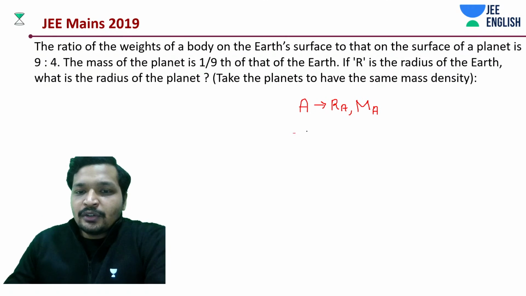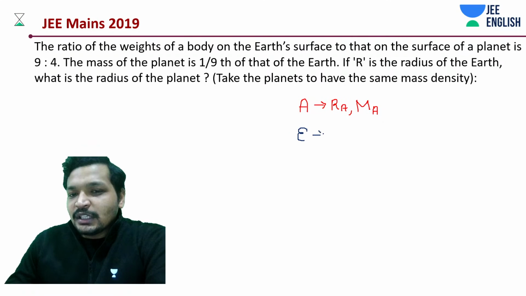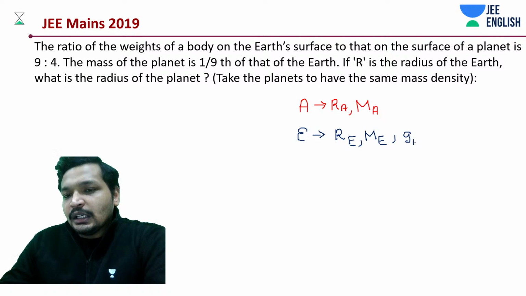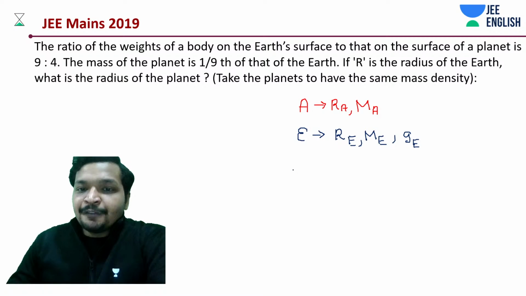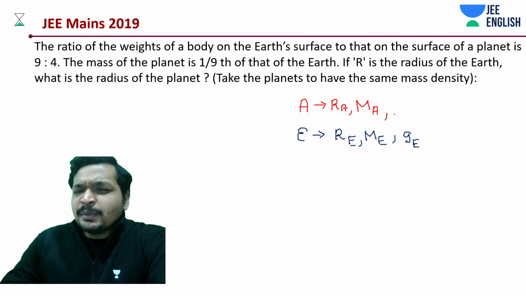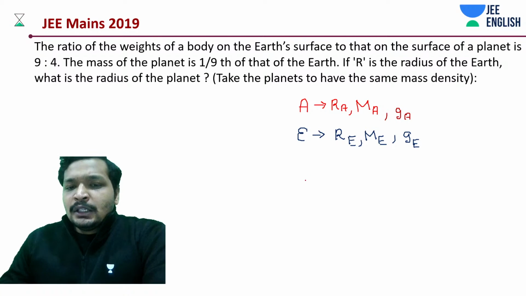Generally we use RE, ME, so just calling it E. So we have RE and we have ME. And we also have GE, the gravitational field on the surface of Earth. We need to do the same thing for that planet as well. It's going to be some GA.